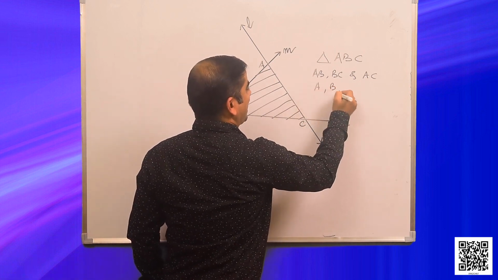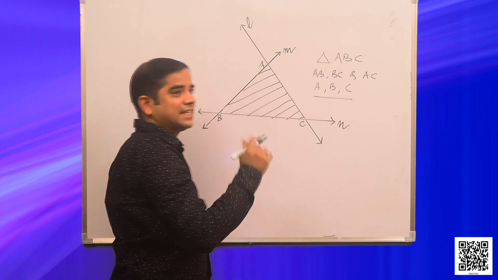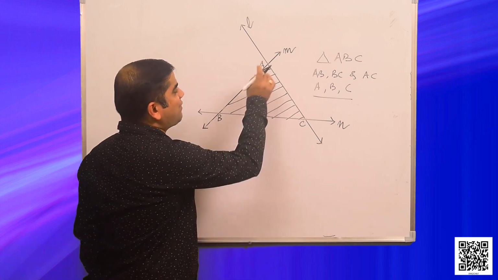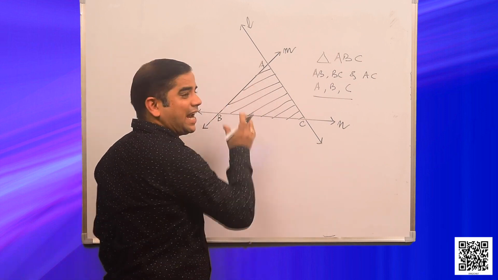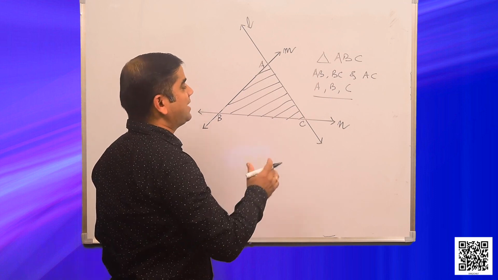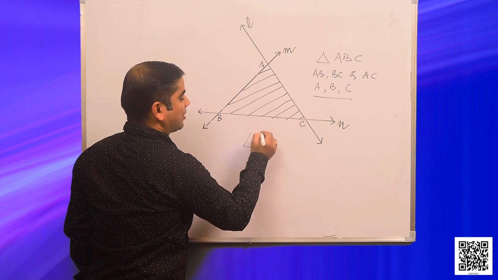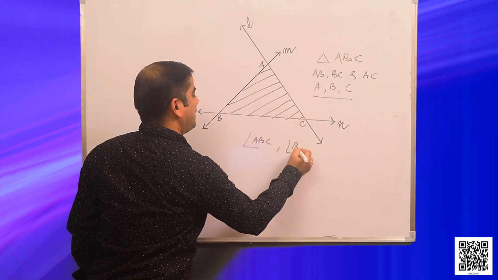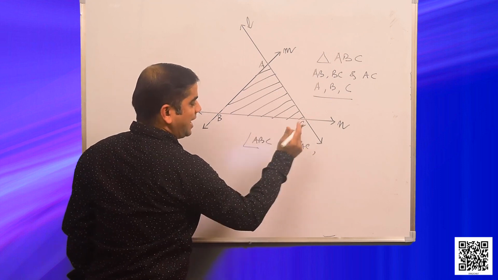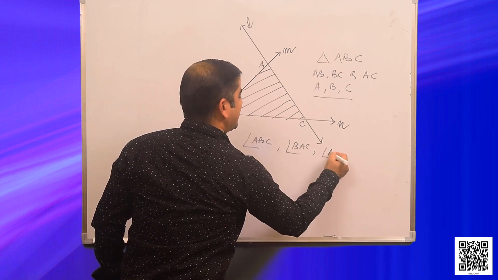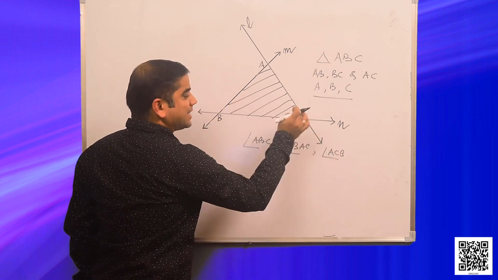At every vertex, the triangle is forming three different angles: angle ABC at vertex B, angle BAC at vertex A and angle ACB at vertex C.